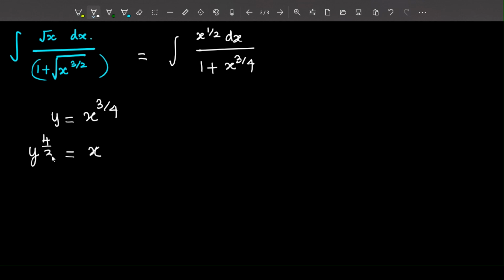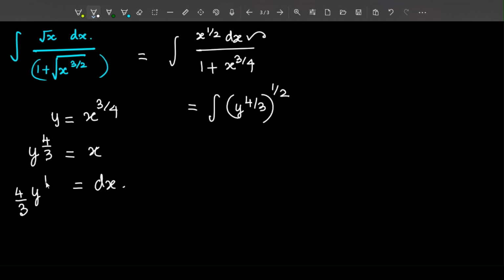So now x power 1 by 2 can be written as integration of y power 4 by 3, the whole power 1 by 2, and dx can be written as 4 by 3 into y power 1 by 3. So 4 by 3 into y power 1 by 3, the whole divided by 1 plus x power 3 by 4, which can be written as y power 4 by 3, the whole power 3 by 4.